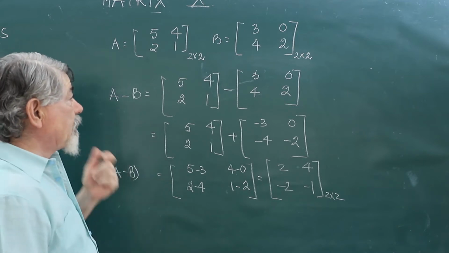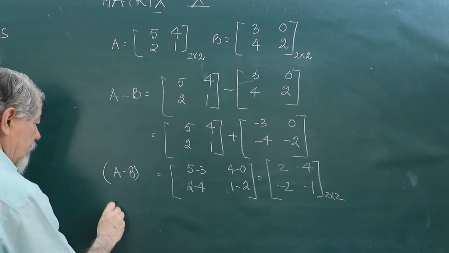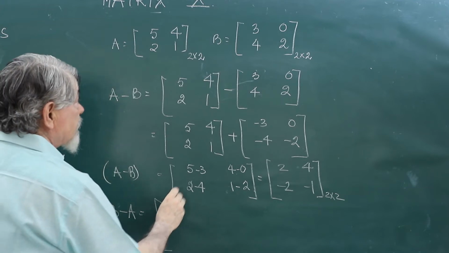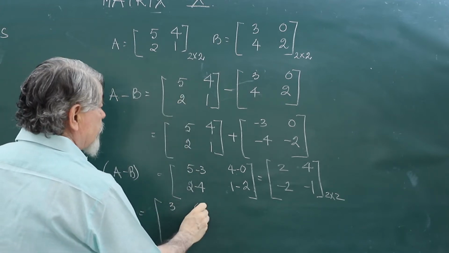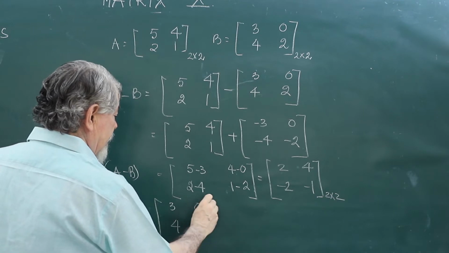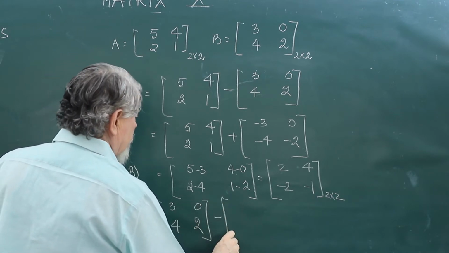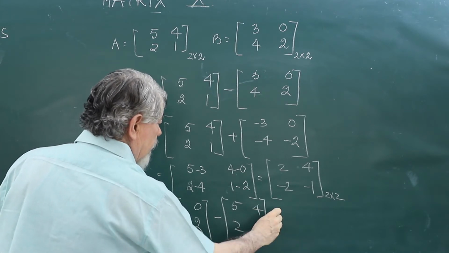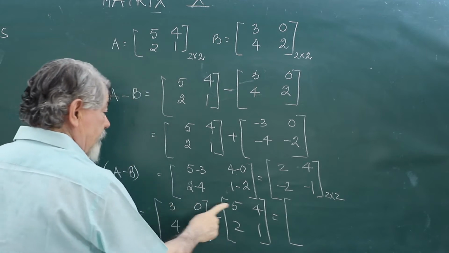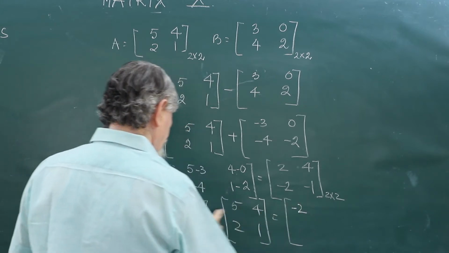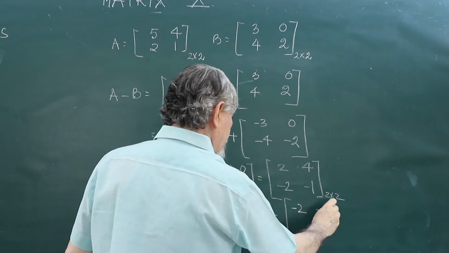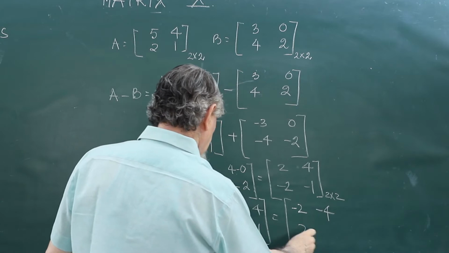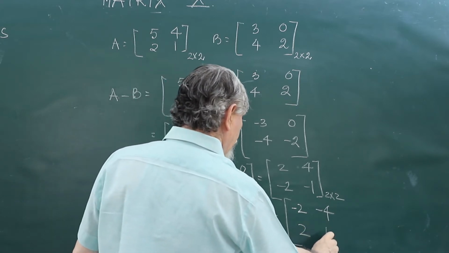Now suppose I want to calculate B minus A. So B minus A means first I write B, 3 0 4 2, and then minus 5 4 2 1. If I subtract, 3 minus 5 is minus 2, 0 minus 4 is minus 4, 4 minus 2 is 2, and 2 minus 1 is 1.